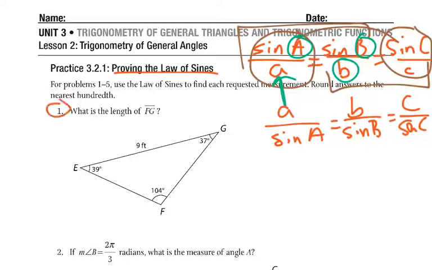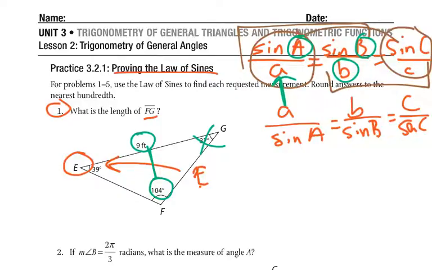So like question number 1, I want to know what FG is. Okay, we're looking for this side right here. So that side is opposite angle E. Now, do we have another connection of an angle and a side? We do. We have this angle F and its side across. Angle G really doesn't help us much. So I want to find side E, little e.